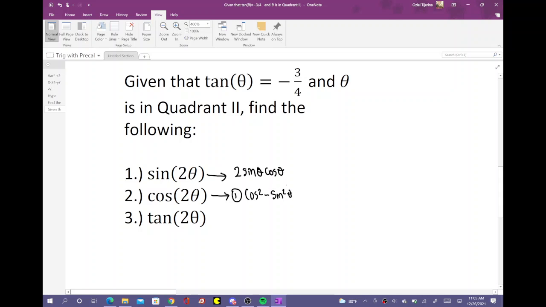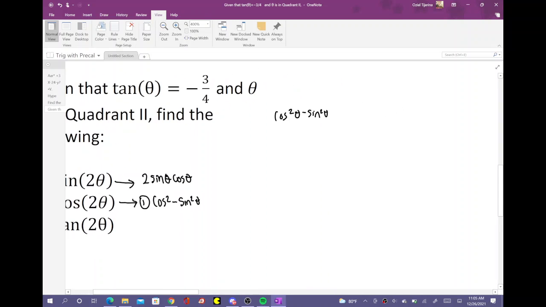You can simplify that using the Pythagorean identity, cosine squared theta plus sine squared theta equals 1.